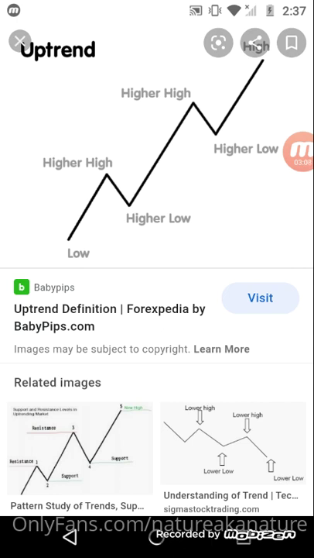This is the low, and then this is the higher high. Then it went back to a higher low, because this higher low is higher than this low. Then it goes up, and this higher high is higher than the previous one. Then it goes back down and makes another higher low, because this higher low is higher than that higher low. So an uptrend consists of higher highs and higher lows. That's what it looks like.